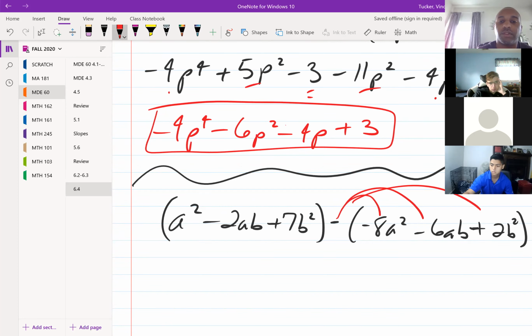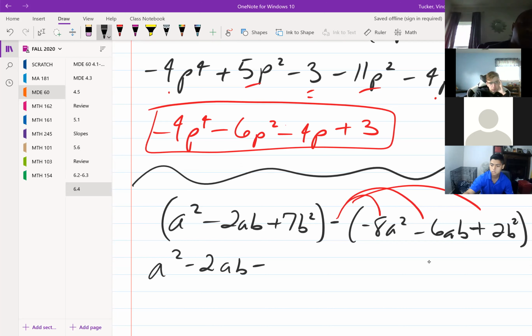Okay, so if I wanted to rewrite this, that's a squared minus 2ab plus 7b squared plus 8a squared plus 6ab minus 2b squared.